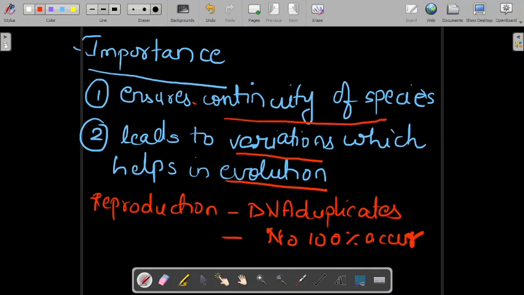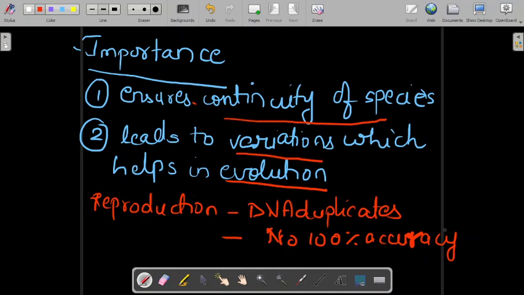When you make a copy of a DNA, there is some difference between the original DNA and the copy which is being made. Because of this difference, variations are generated, and hence you look different from your parent. Not only you, you compare dogs, cats, any living organism. It is different from one organism to another, right? Hence reproduction leads to variations.